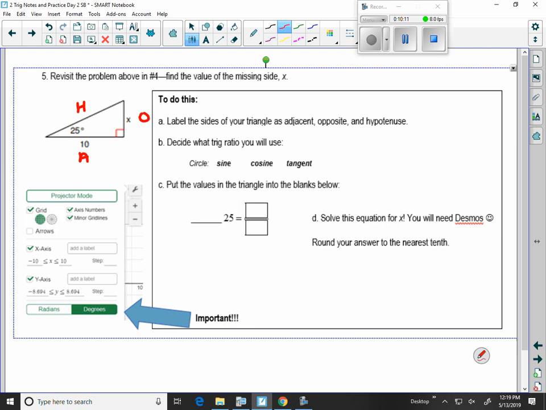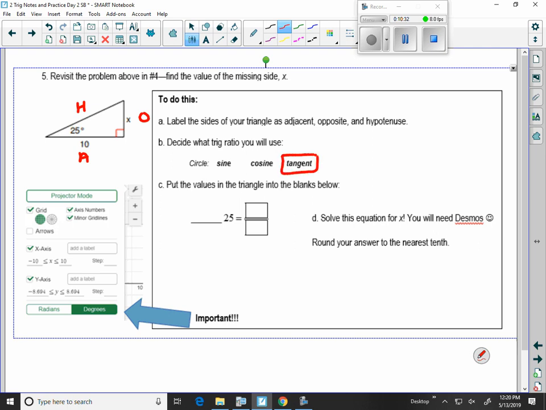Decide what trig ratio to use. Okay, so if we have this, we definitely want to use adjacent, right? And if we're solving for that side, we definitely want to use opposite. So we want to do opposite over adjacent, which is tangent.